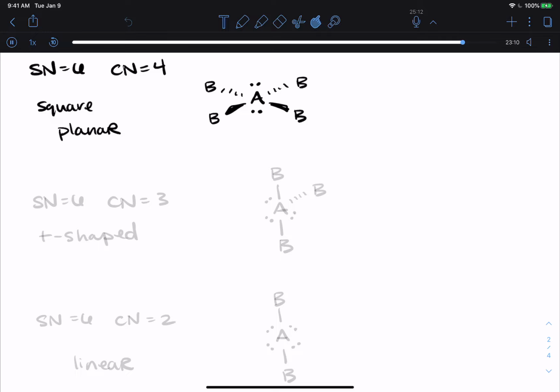Steric number 6, coordination number 3. Central atom, and we'll put my lone pair somewhere else. So we'll put my lone pair in this position around the middle going back, and that means my second lone pair would go in this spot coming out 180 degrees away from it.